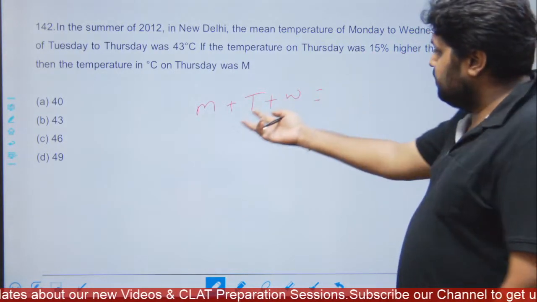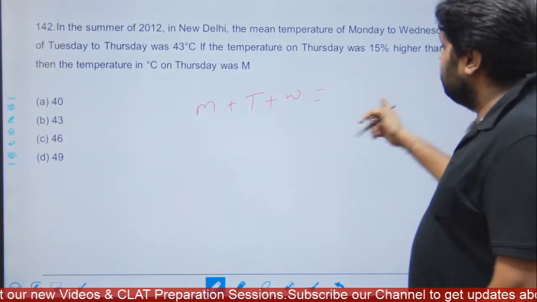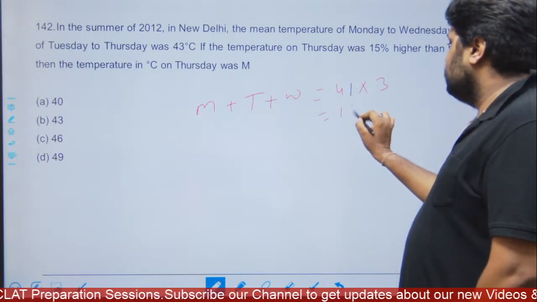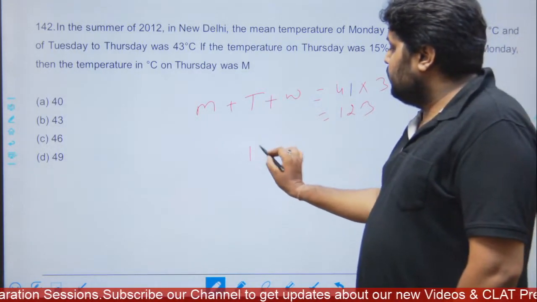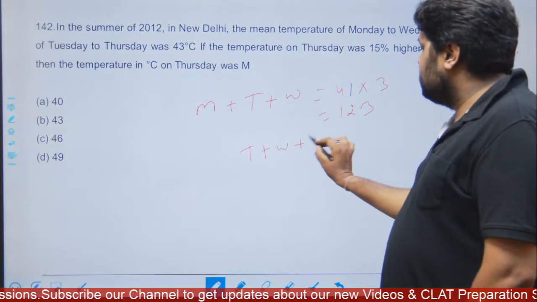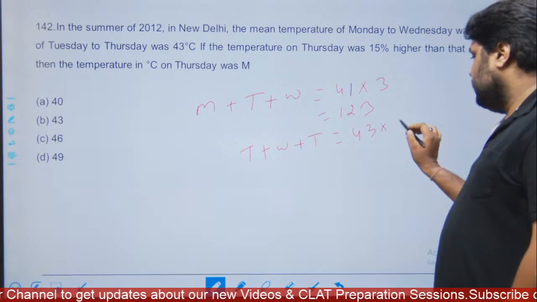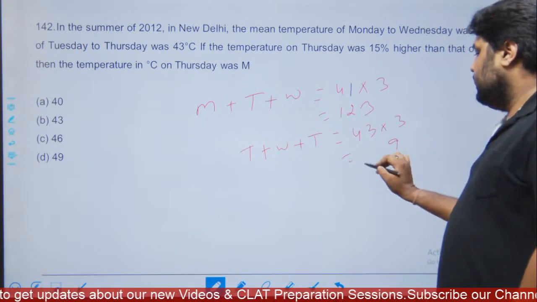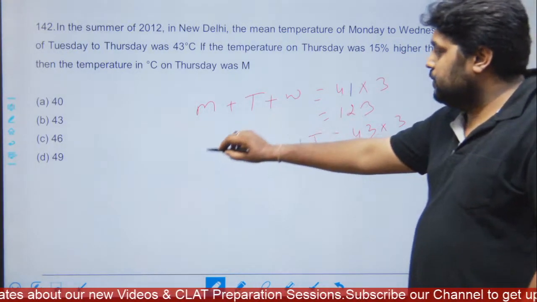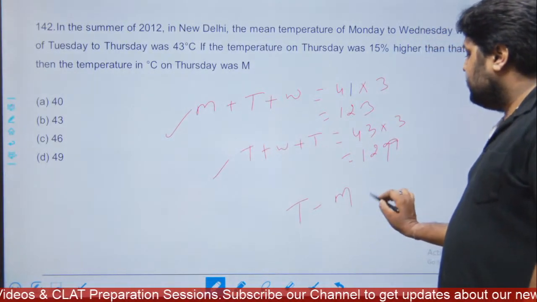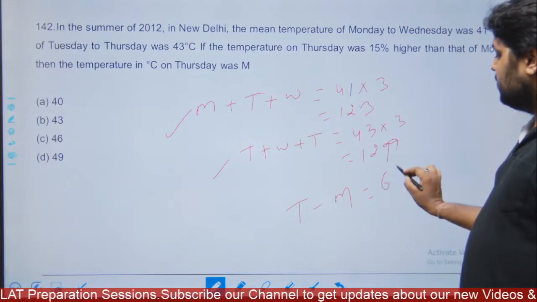For these 3 days, Monday, Tuesday, Wednesday, the average was 41, so total will be 41 into 3, that is 123. Then Tuesday, Wednesday and Thursday, the average was 43, so total will be 43 into 3, 129. If you take the difference between these two, you get the difference of Thursday and Monday, and that difference is 6 degree, right?